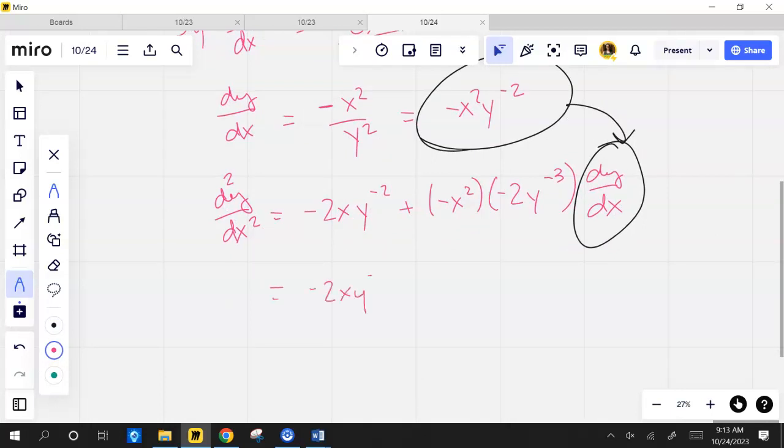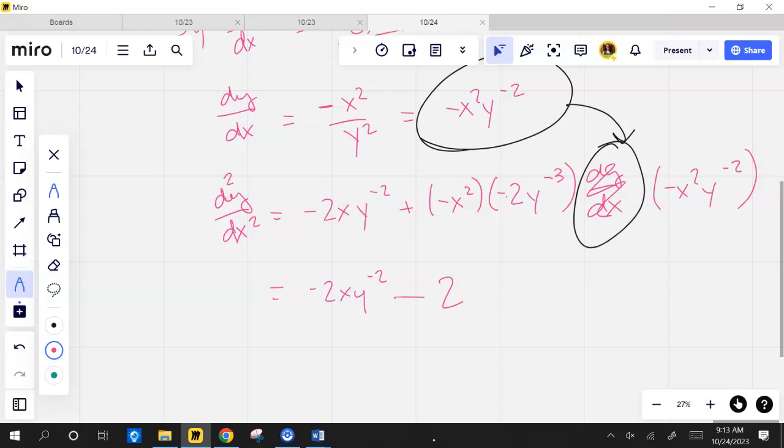Negative 2xy negative 2. I got two negatives. Those are going to cancel, so I'm still going to be plus. Actually, I lied because this is negative x squared y negative 2. So I'm going to be minus. I got 2.